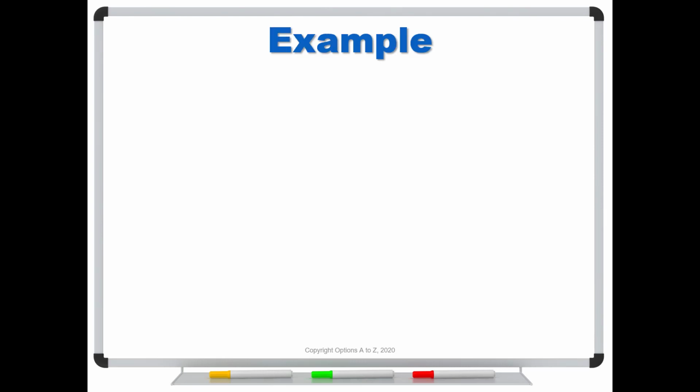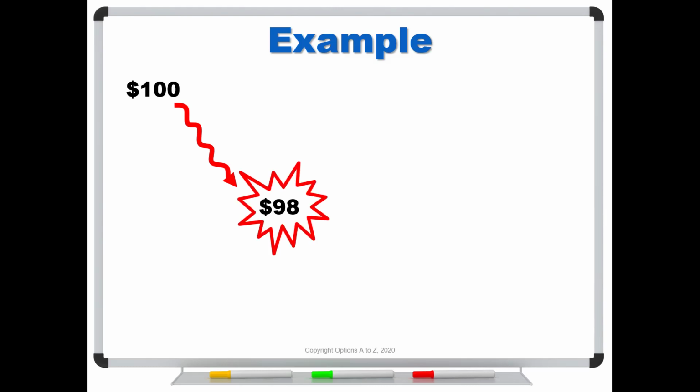So here's an example of how it might work in a perfect situation. Kind of what you're thinking in your head is probably how it's going to work. Stock is at 100, it starts slowly moving down, and then it touches 98. What happens? It gets activated. The computer says it touched our trigger order, or our stop order, so it activates the order.